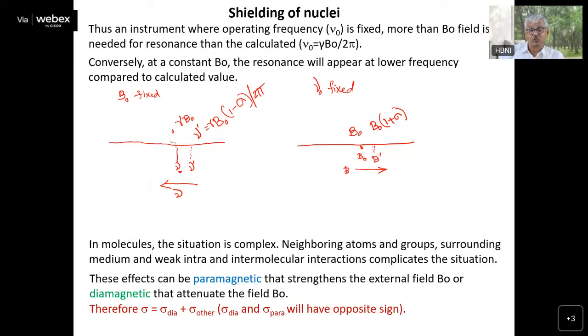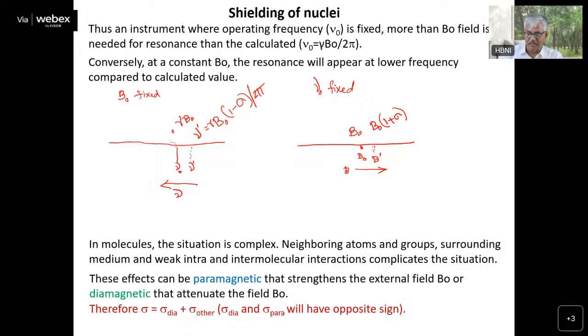Some of those effects will be diamagnetic, that means they will increase the shielding, or they can even be paramagnetic, that means they can decrease the shielding.